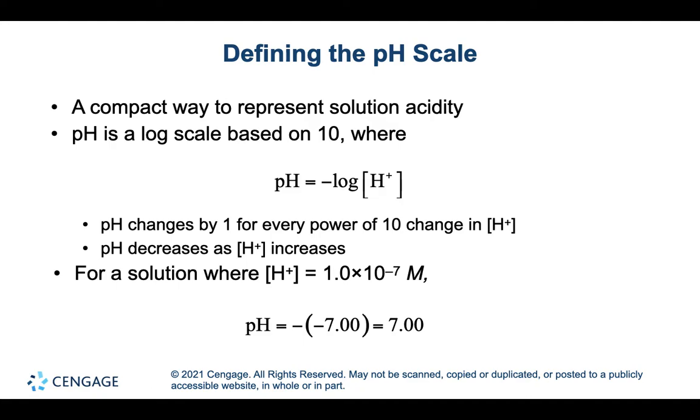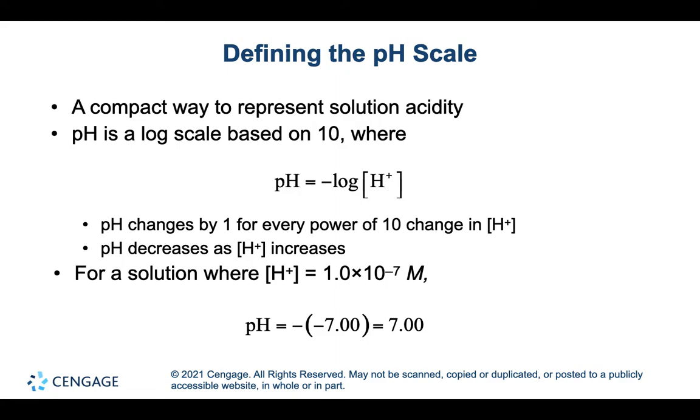If you take the log base 10 of 10 to some power, you get the power as your number. So for example, the log base 10 of 10 to the third is just 3. And so it's a way of shortening it down. Instead of having to write out 1 times 10 to the minus 7, you could just say minus 7 would be the logarithm of that.